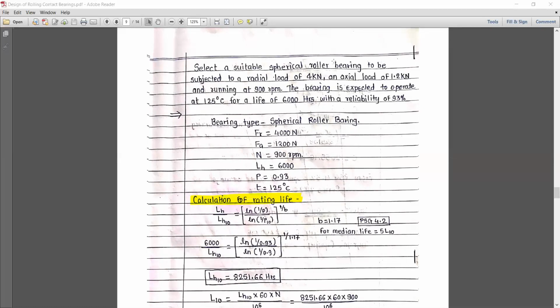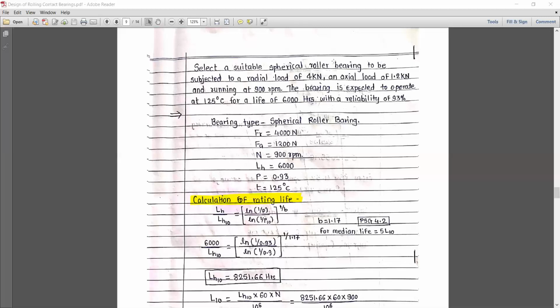Select a suitable spherical roller bearing to be subjected to a radial load of 4 kilonewton and axial load of 1.2 kilonewton, running at 900 rpm. The bearing is expected to operate at 125 degrees centigrade for a life of 6,000 hours with a reliability of 93%.